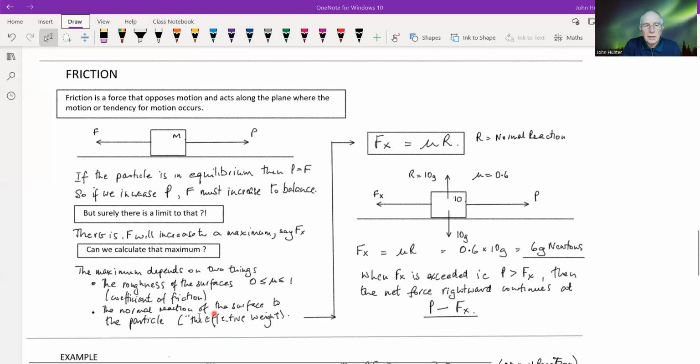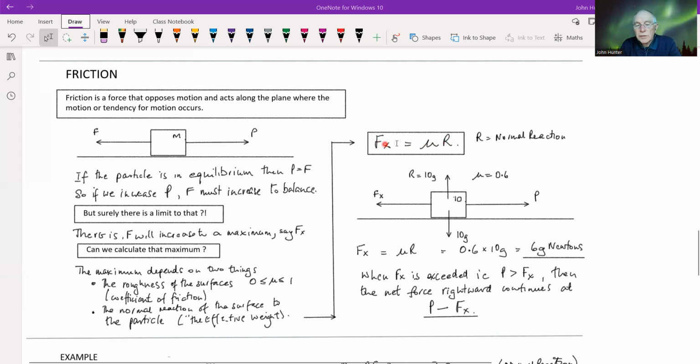So we can actually calculate that maximum friction, and basically it's this little equation, which is maximum friction. I tend to denote this by Fx just to distinguish it from the friction that is balancing whatever the pulling force is, times the coefficient of friction, which we denote with the Greek letter mu, times the normal reaction.